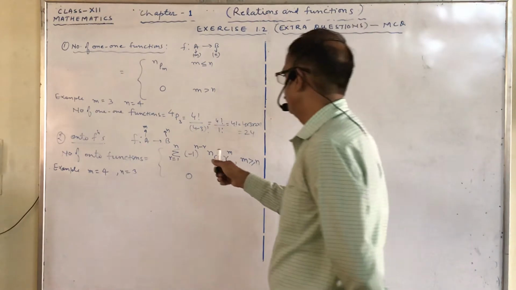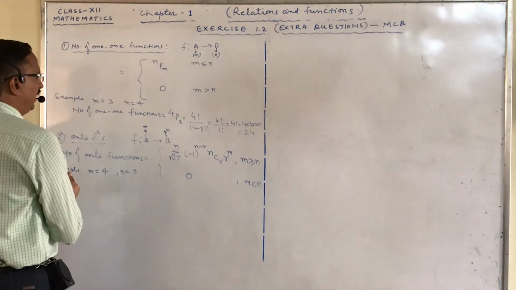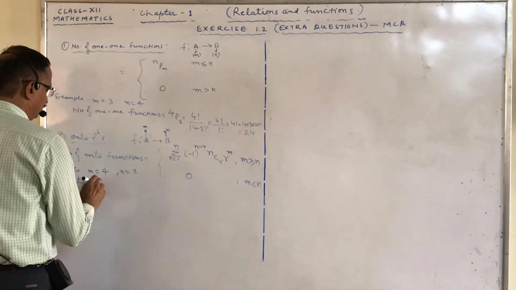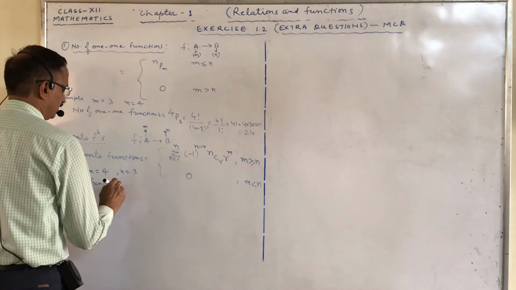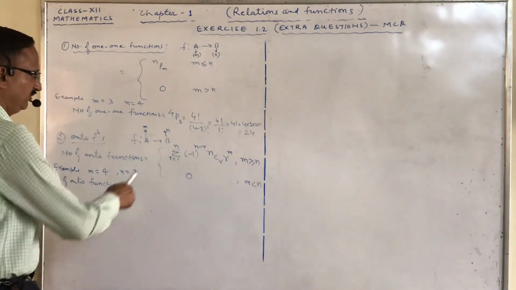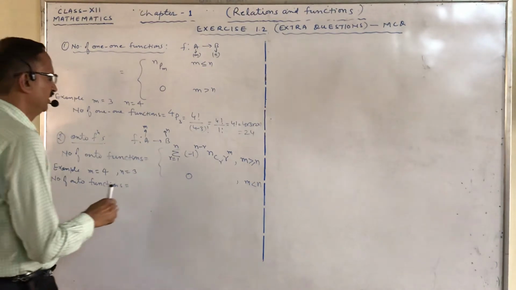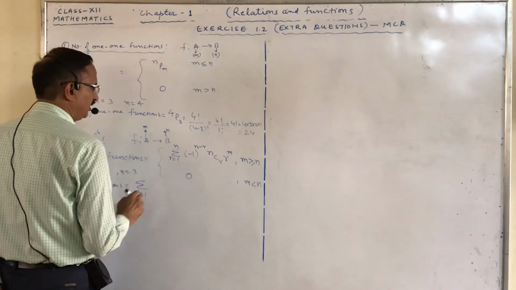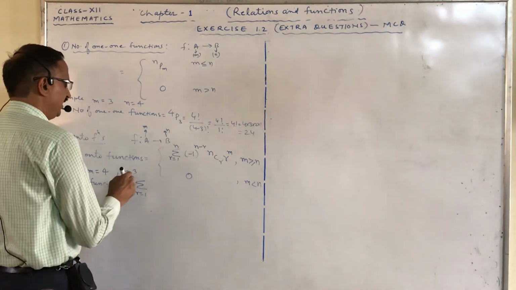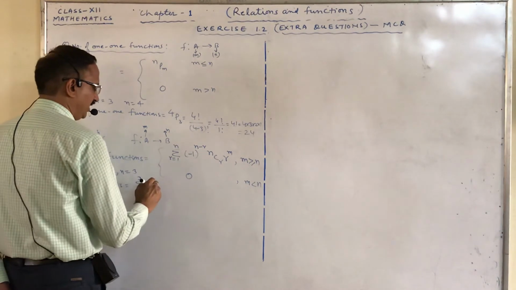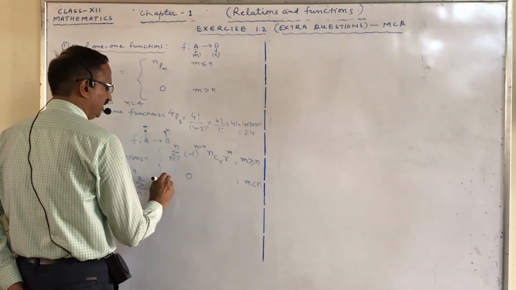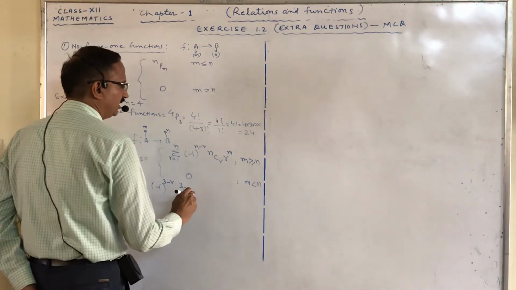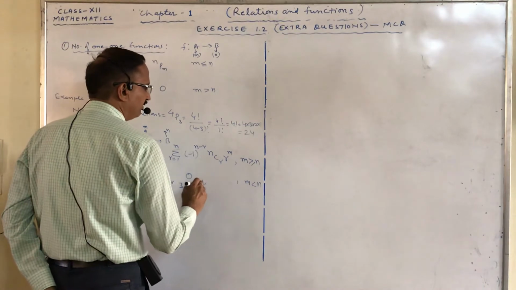Now we will calculate with the help of this formula. We will write the values in it. So this is summation r equals 1 to n, and what is n? n is 3. Then (-1) raised to power 3 minus r, then 3Cr, then r raised to power 4.